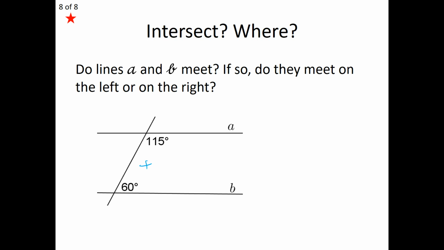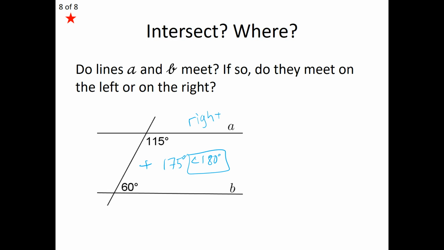So let's see what happens when we add these 2 angles together, 115 and 60. When we add them together, we get 175 degrees, which is in fact less than 180 degrees. And this is what Euclid's postulate then said: if the sum of a pair of consecutive interior angles is less than 180, then the lines will intersect on that side, which means these 2 lines, A and B, will intersect on the right.